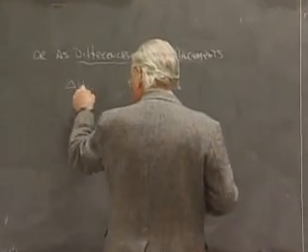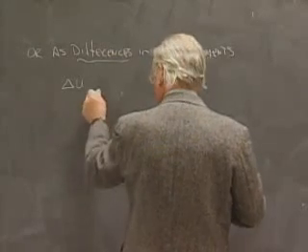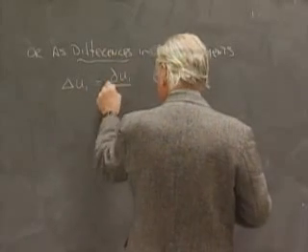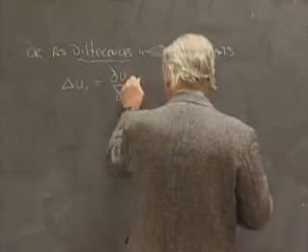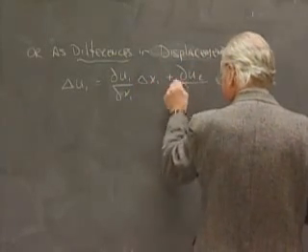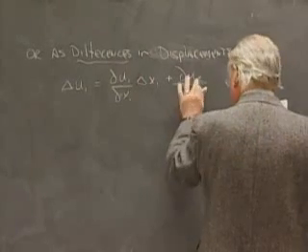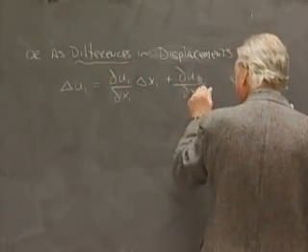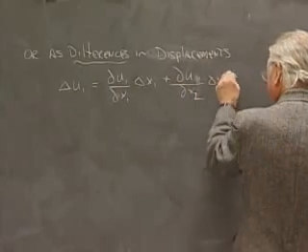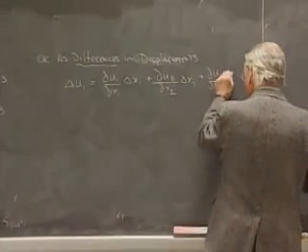We'll say the change in length along x1, delta u1, is going to be the way in which u1 changes with x1 times delta x1, plus the way in which u1 changes with x2 times delta x2, plus the way in which u1 changes with x3 times delta x3.